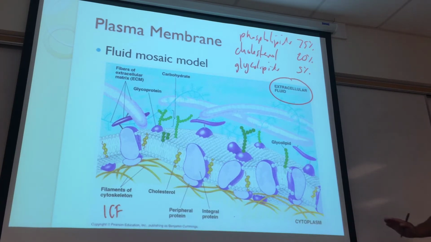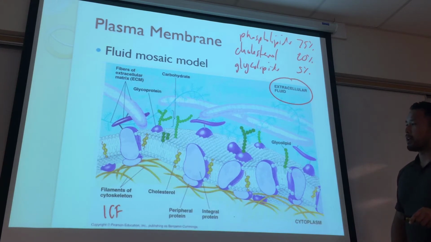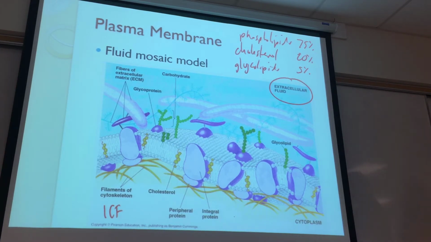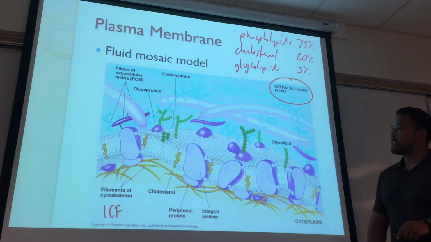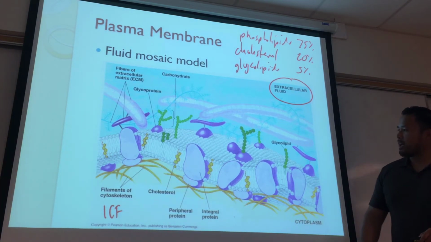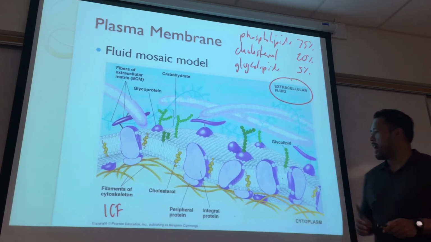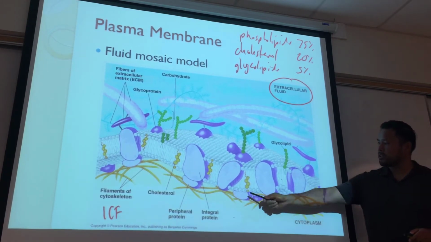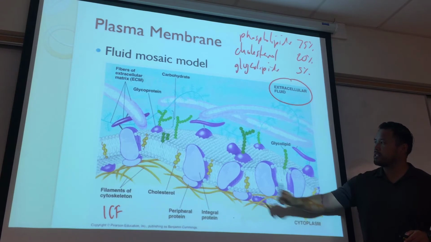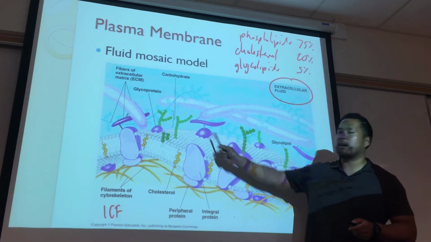So that's what we've talked about: our phospholipids, our cholesterol, and our glycolipids. The next thing we're also going to look at are proteins. You can see that some of the proteins span through the entire width of the phospholipid membrane, and then some other proteins are just embedded on the inside or maybe on the outside of the cell.